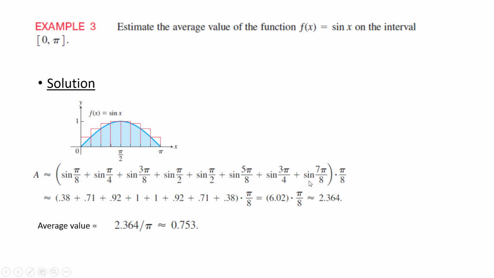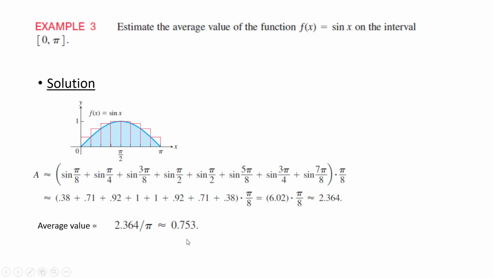Every height is multiplied by the width of each rectangle, which is equal, and which is π/8. So that is why we added all the heights and multiplied by π/8 in order to have the approximate area of the region using upper sum. This is called the upper sum technique, and it is equal to 2.364.